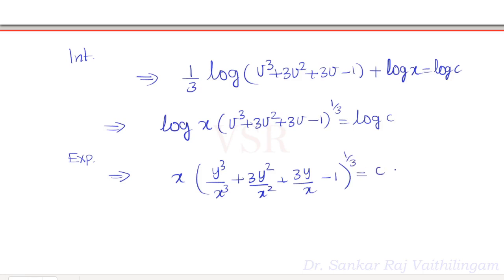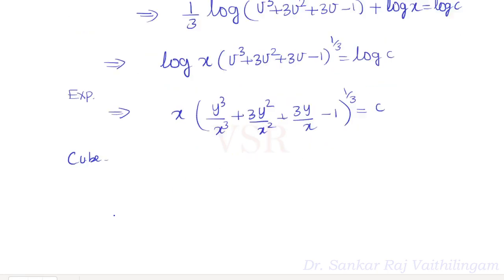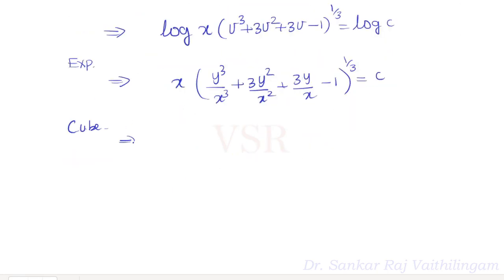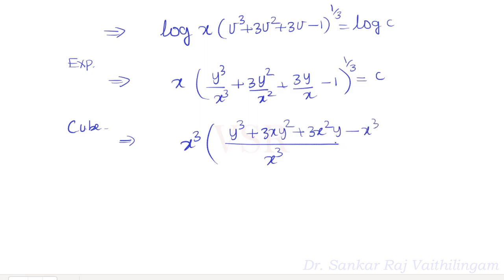Now if I take the cube, what do we get? This implies x cube into all of this. First taking the LCM, we'll have x cube into y cube plus x square into 3xy square plus 3x square y minus x cube, which is equal to constant.